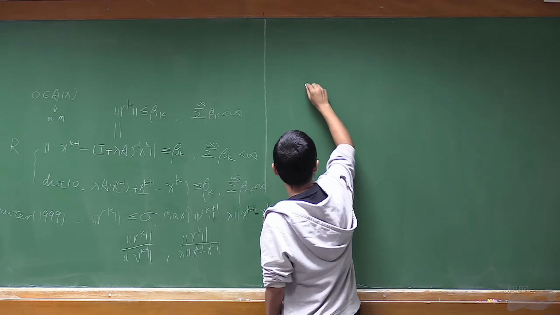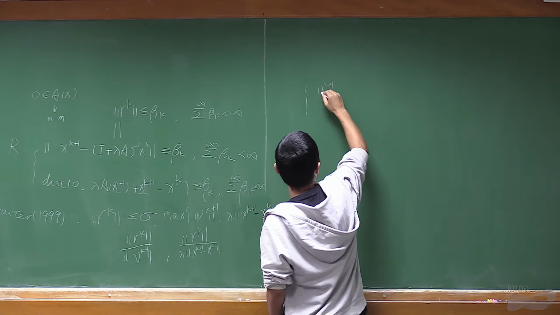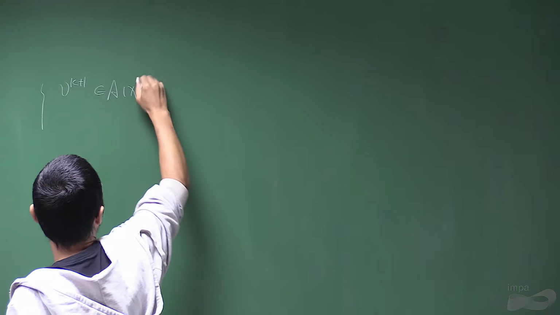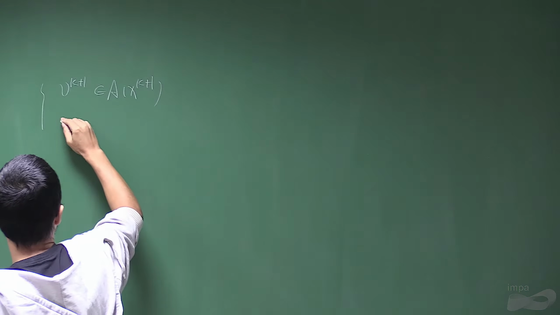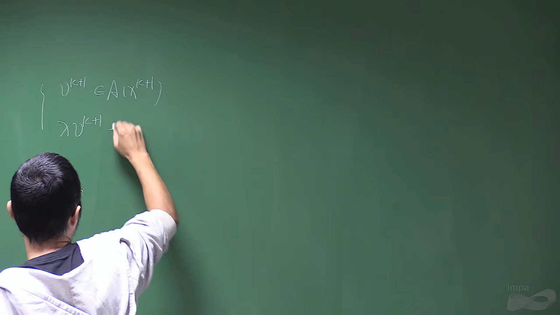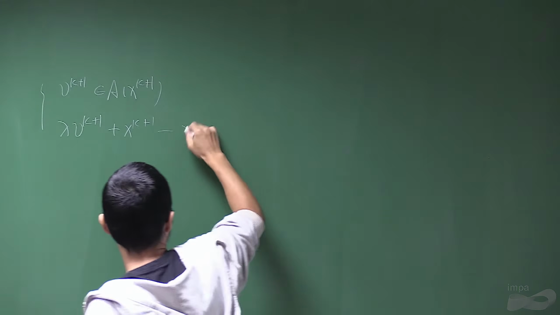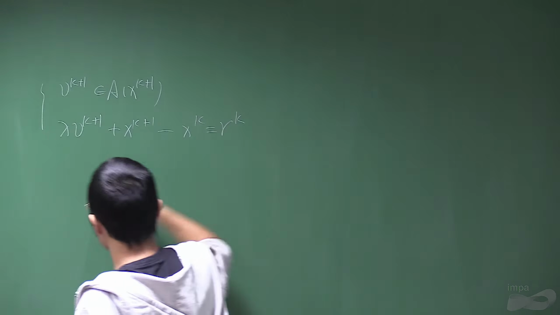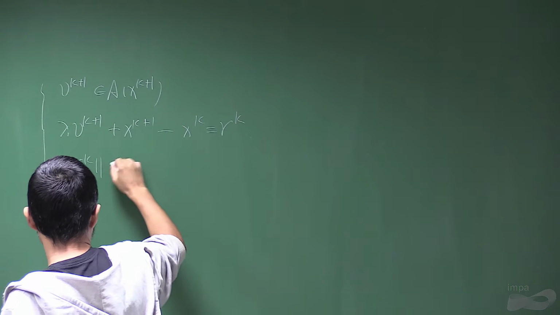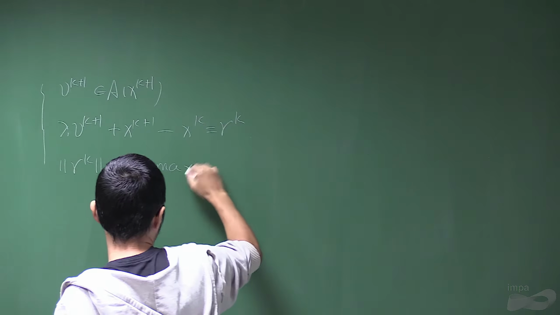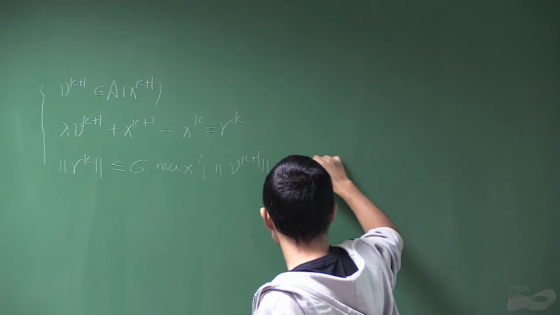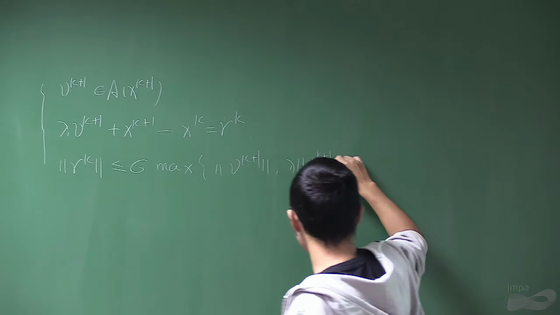First we find a point vk plus 1 belonging to A of xk plus 1, then we have the equation lambda vk plus 1 plus xk plus 1 minus xk equals rk, and we have the error criterion: the norm of rk is less than sigma times the maximum of the norm of vk plus 1 and lambda times the norm of xk plus 1 minus xk.